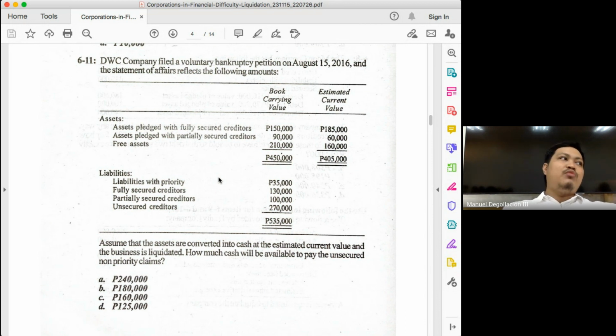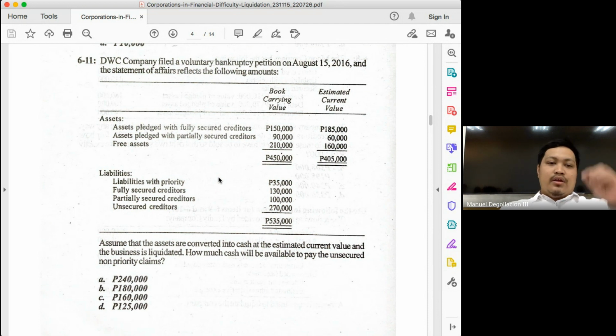The next thing we need would be our denominator. And what is our denominator in the recovery rate? Total unsecured claims without priority. And there's one thing you should remember for the denominator, class. Do not forget to add the unsecured portion of your partially secured liabilities.